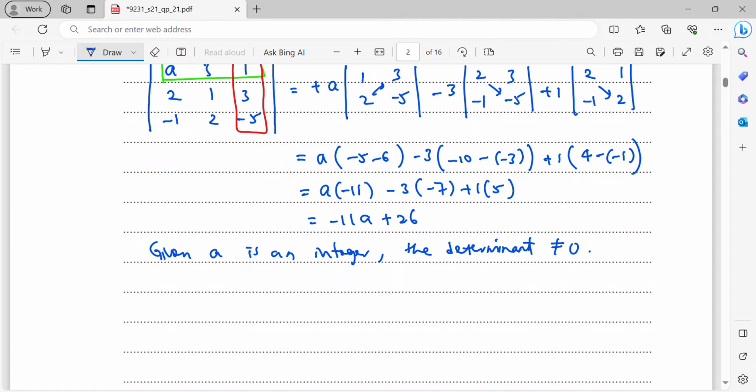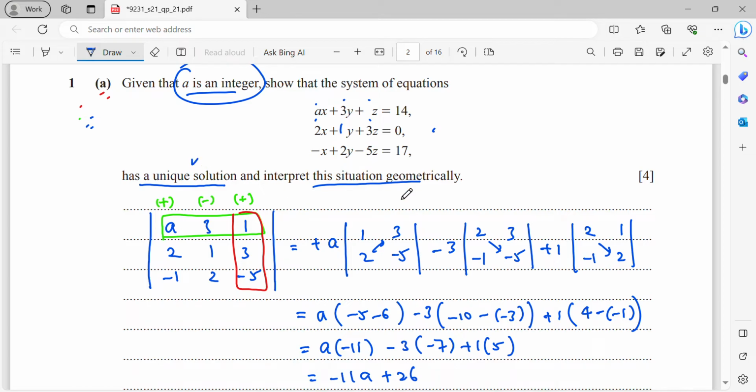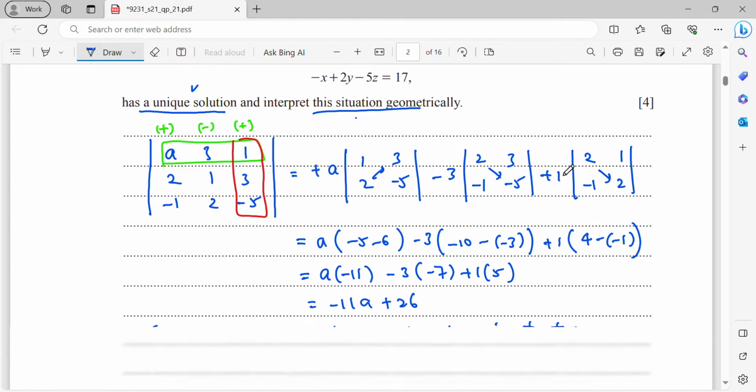So when the determinant is not 0, therefore, the system of equations has a unique solution. Okay, so done for the first part. We have already shown it. Then interpret this situation geometrically.